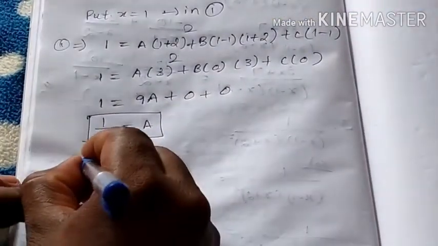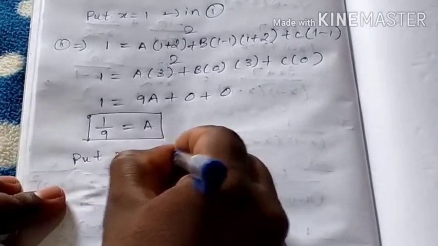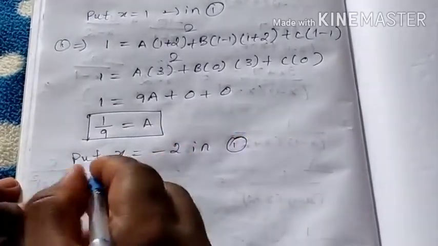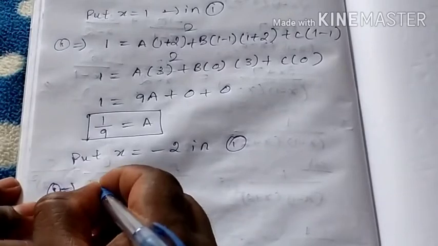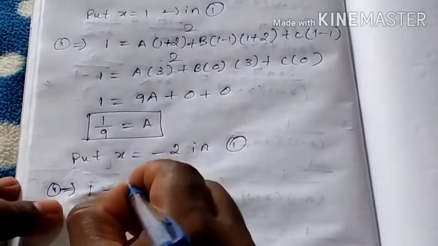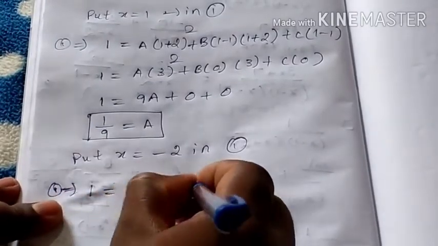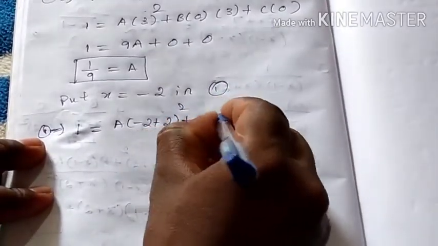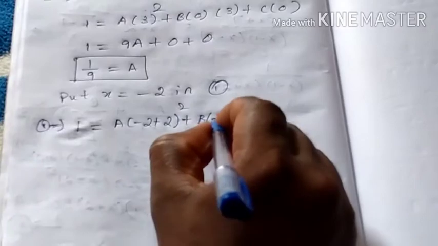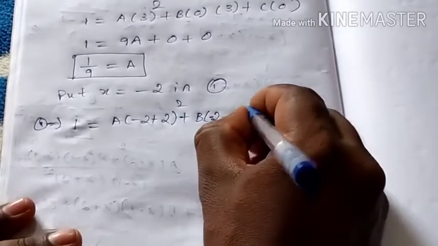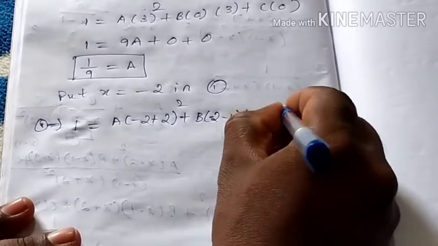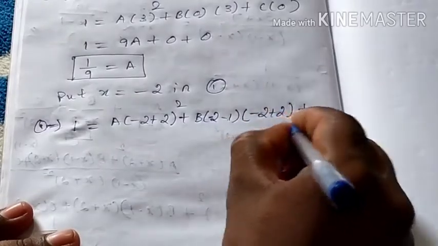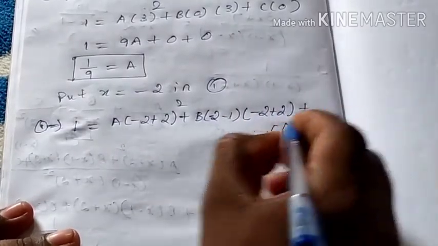Then put x equal to minus 2 in equation 1. So the LHS 1 equals a into (minus 2 plus 2) the whole square, plus b into (minus 2 minus 1)(minus 2 plus 2), plus c into (minus 2 minus 1).